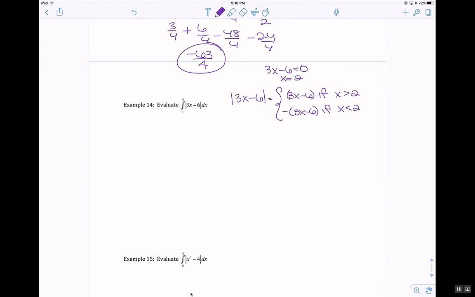Okay, and remember, I can put my equals bar wherever I want to. I can put it with the top one or with the bottom one. I just can't put it with both.